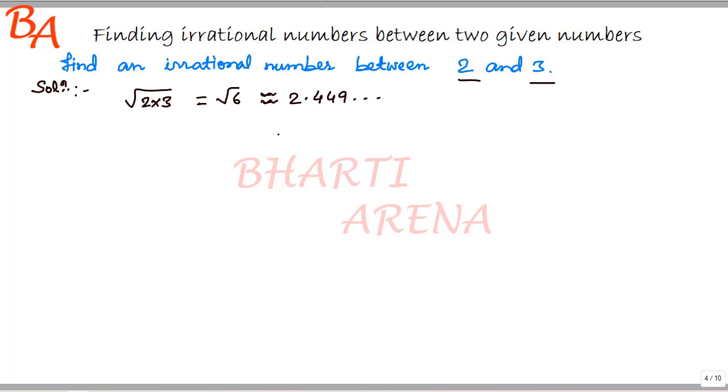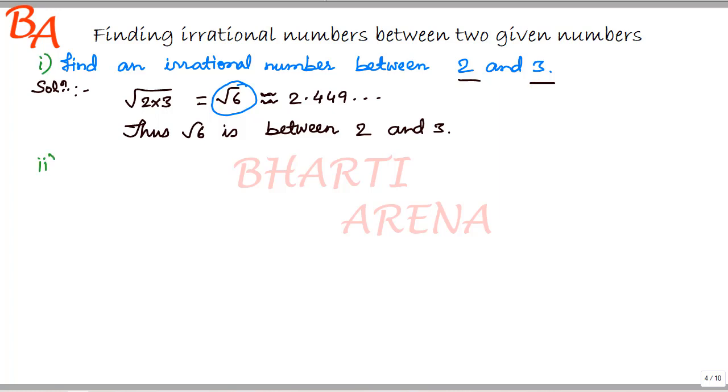Thus root 6 is between 2 and 3. So root 6 is the irrational number found between 2 and 3.